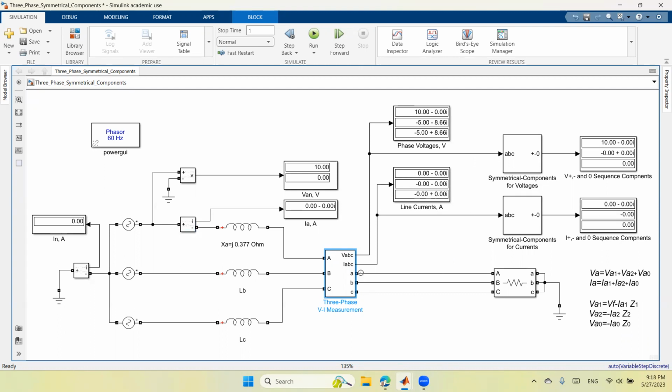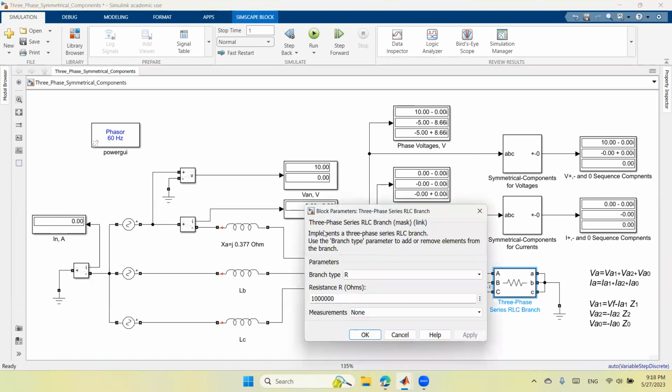Okay, and this system is connected to a three-phase RLC branch. So this is a three-phase series RLC branch. I'm selecting it to be pure resistive, and its value is, as you see here, let me see how many zeros we have: 1, 2, 3, 4, 5, 6. So I have 1 mega ohm. This is just in order to do the simulation.